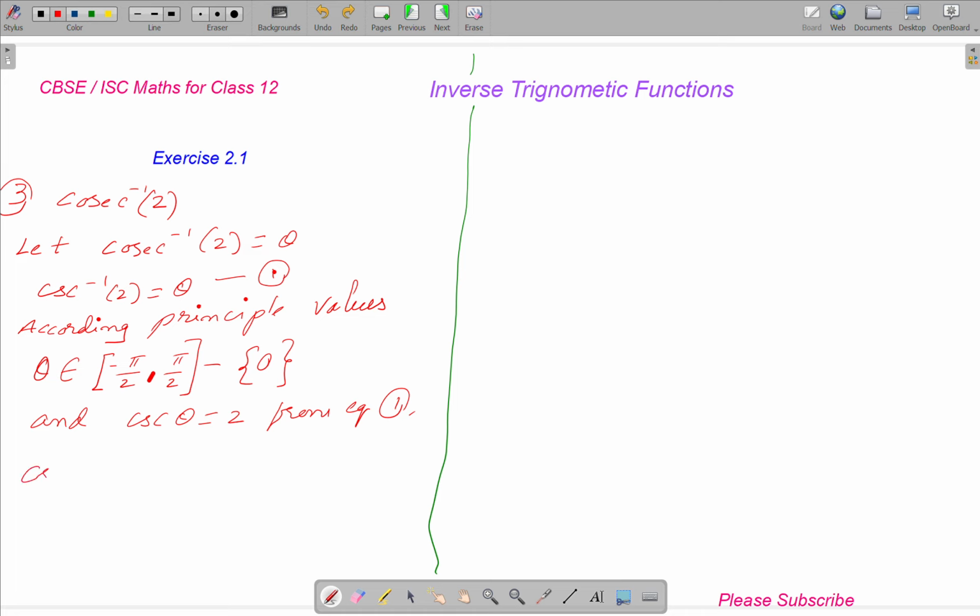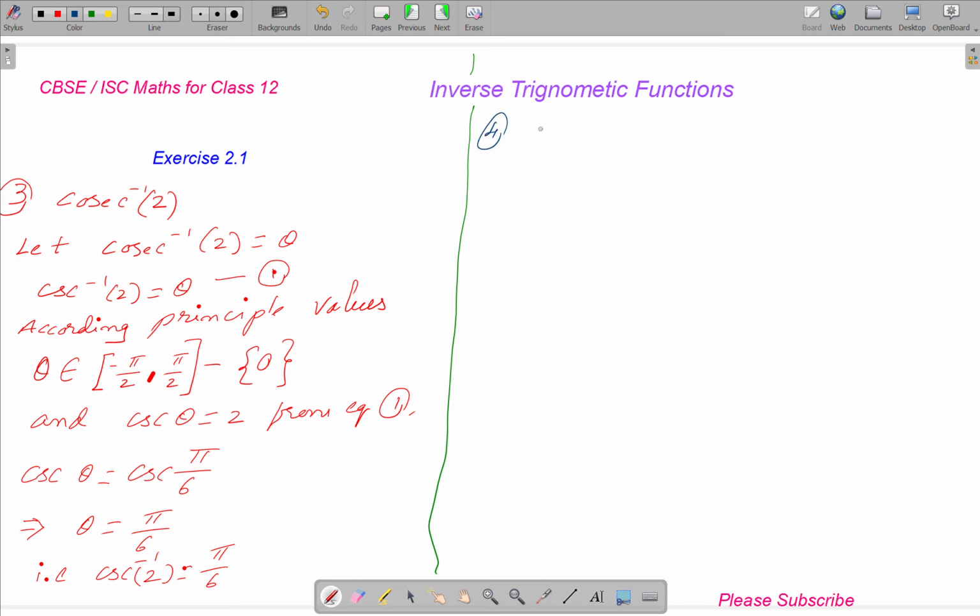Now cosec theta is equal to cosec pi by 6. That is theta is equal to pi by 6. Therefore cosec inverse 2 is equal to pi by 6.